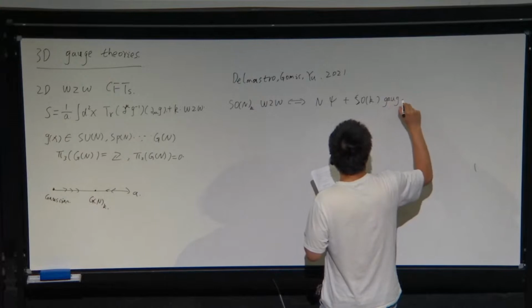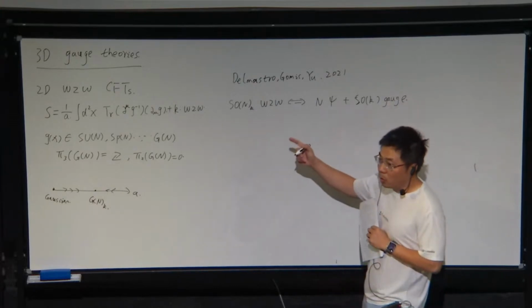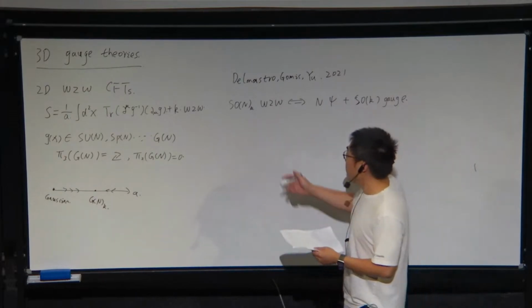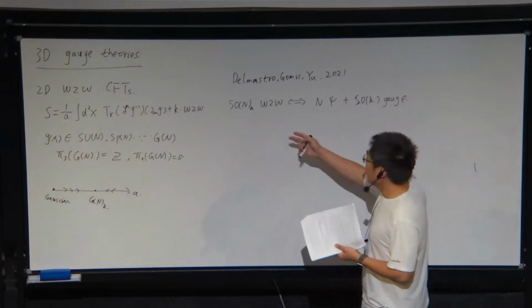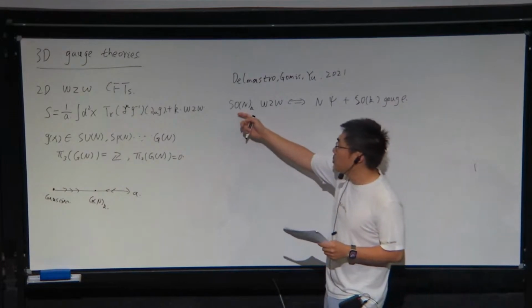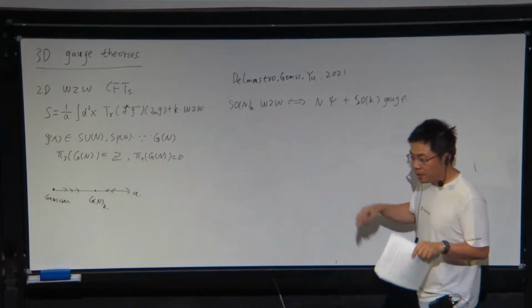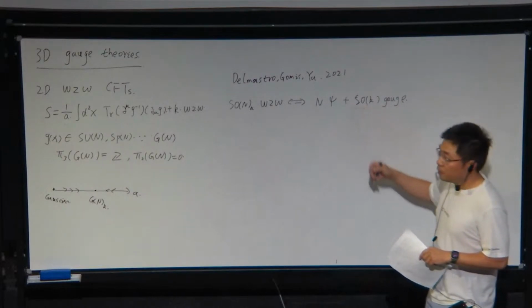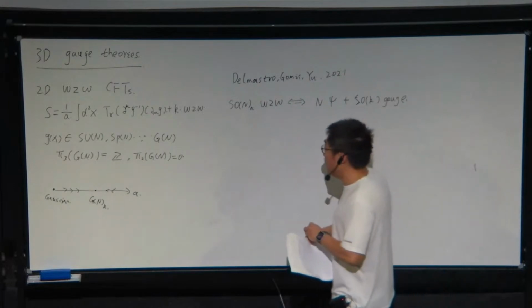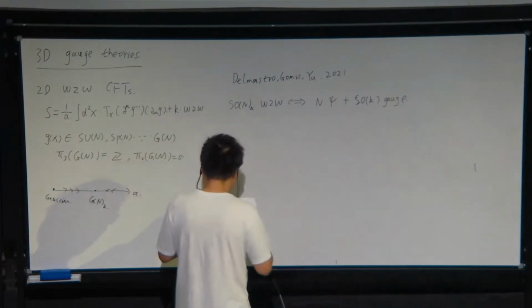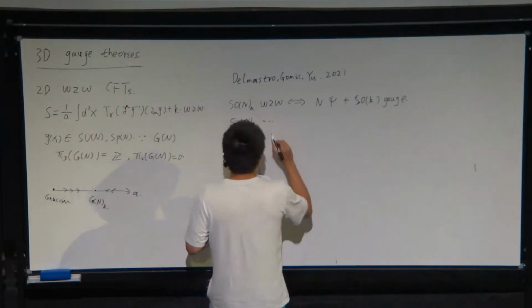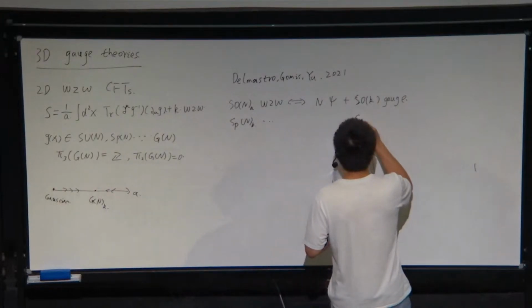Here the Wess-Zumino-Witten level goes to the rank of the gauge group. You can easily check that this duality passes a lot of sanity checks. For example, the global symmetry is the same. We know the Wess-Zumino-Witten theory has SU(N) left and SU(N) right. That's also the case for this gauge theory. And you can also show that the anomaly is the same. If I consider Sp(N) level K, what I need is an Sp(K) gauge field.